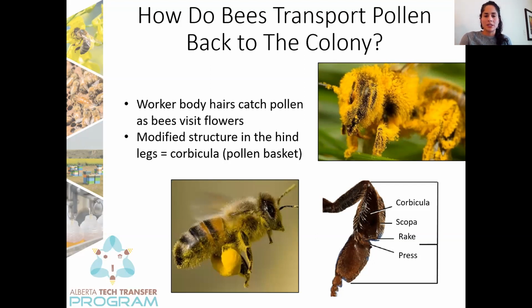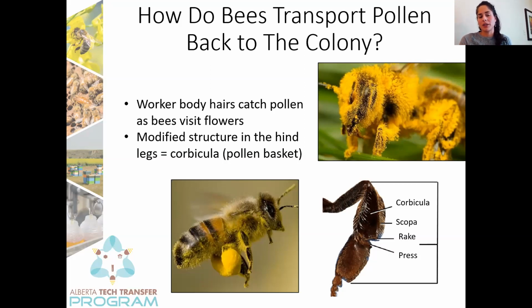And you can see on this third photo a nice pollen ball on their pollen basket. It definitely doesn't look like that flowery pollen, right? It looks quite well packed. And that's because of the pollen press that they have on their hind leg.